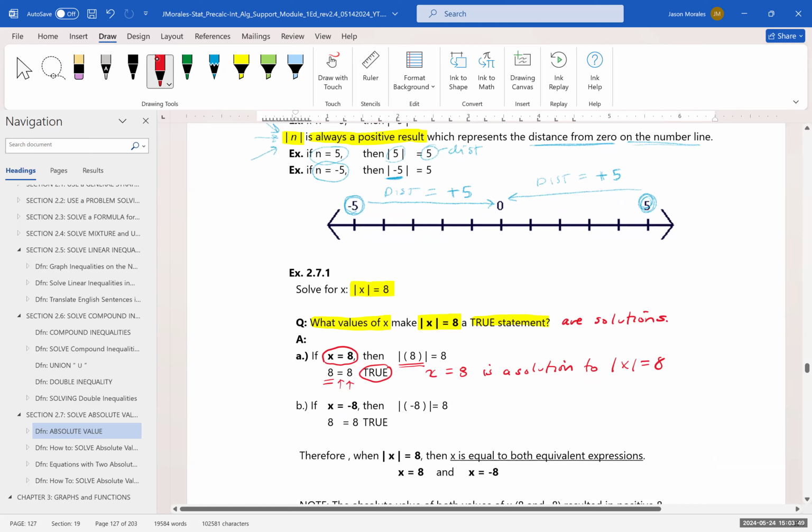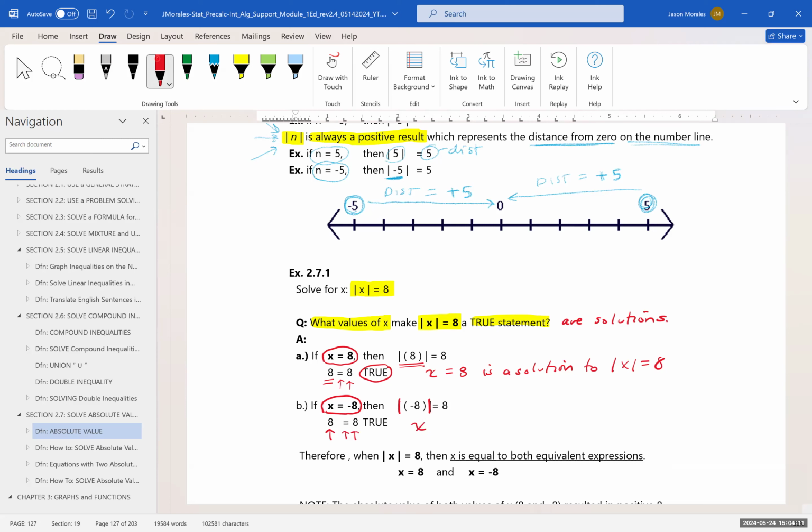Now, what if x was equal to negative 8? Then we'd have the absolute value of negative 8 on the left-hand side. And the absolute value of a negative is just a positive. So 8 does equal 8, and that's a true statement.